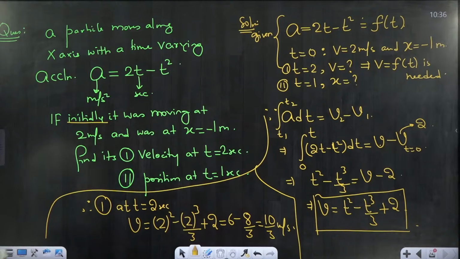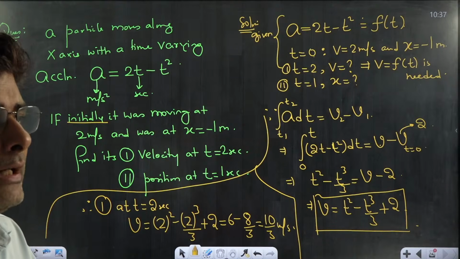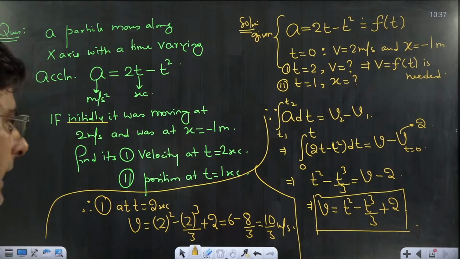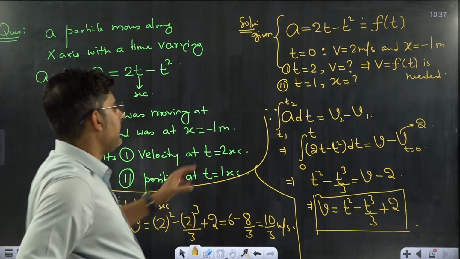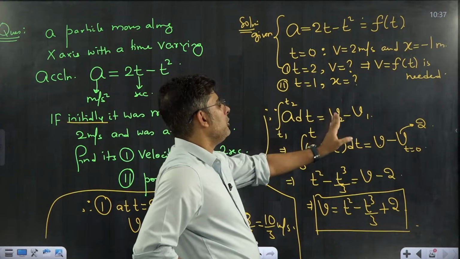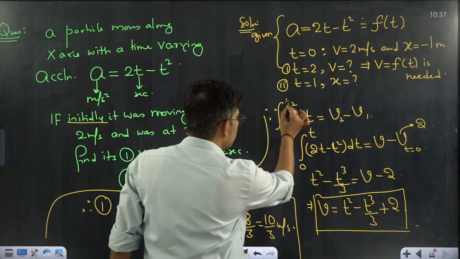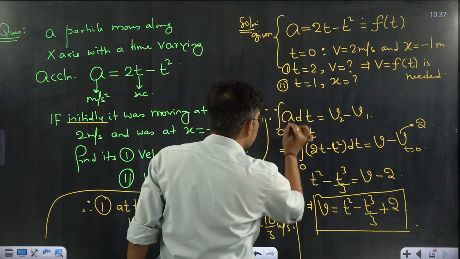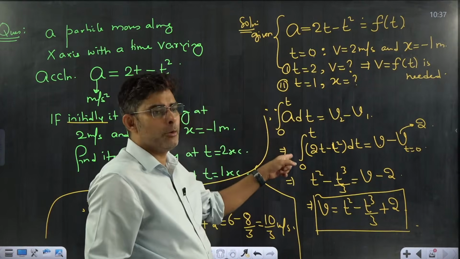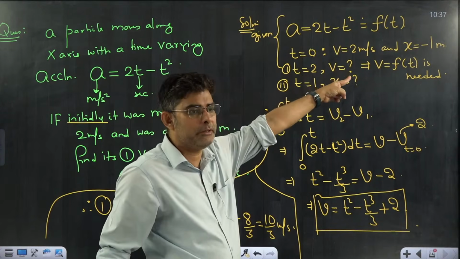Once you know the method, you can solve it in just one line. Integrate acceleration, you get the change in velocity, and we can find velocity. If you integrate acceleration from t1 to t2, you get this. What I have done here is taken the integration from 0 to t. Why did I take 0? Because they have given me the value of velocity at 0.